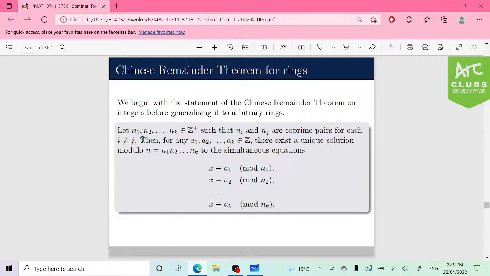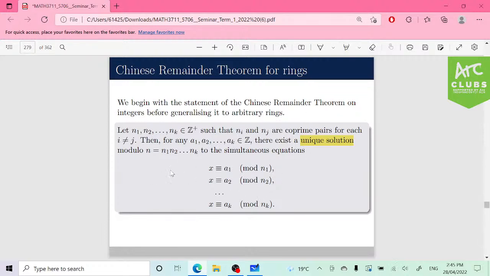And once we note that, then we take any integers a1, a2 up to ak, and the Chinese remainder theorem tells us that there is a unique solution to a bunch of simultaneous equations in the smaller moduli.